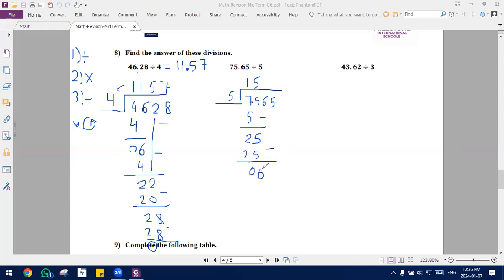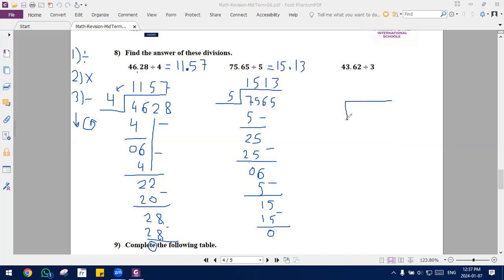Take 6 down. 6 divided by 5 is 1. 1 times 5 is 5. Subtract, the remaining is 1. The last value, take it down, 5. 15 divided by 5 is a 3. 15. Any remaining? No. So the answer is 15. So 2 numbers after the decimal. 15.13.